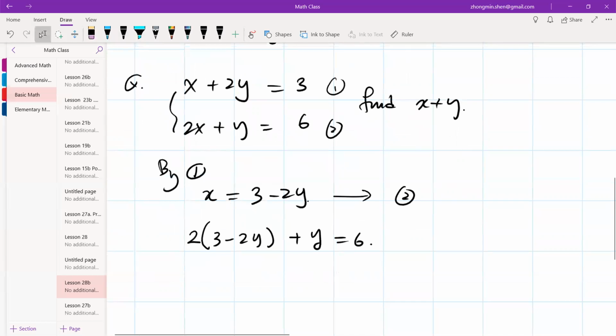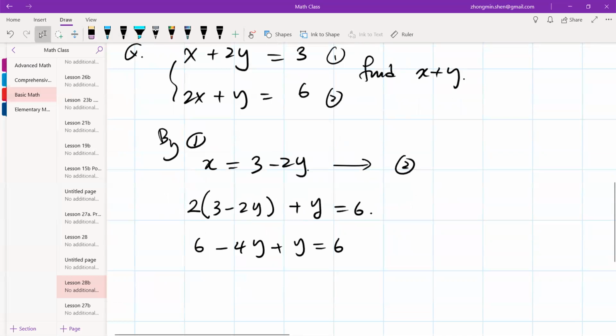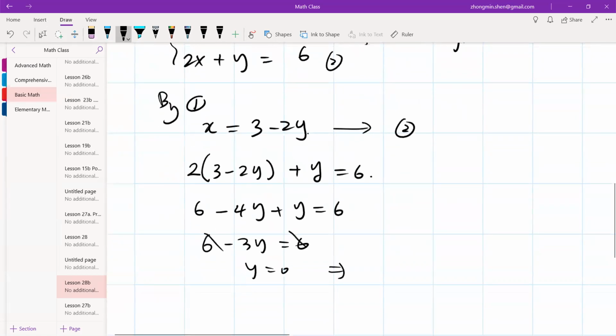You get an equation in one variable. So you get 2 times 3 is 6, minus 4y, plus y equals 6. Be careful, if there are computation mistakes, your answer will be wrong. So you will get y equals 0, because it's 6 minus 3y equals 6. The 6 cancels out, and y is going to be 0. So if y is 0, then x is 3 minus 2y, so it's 3.